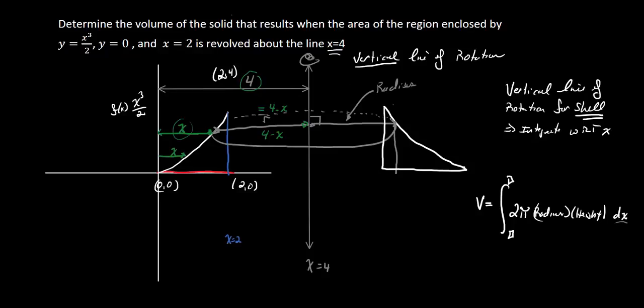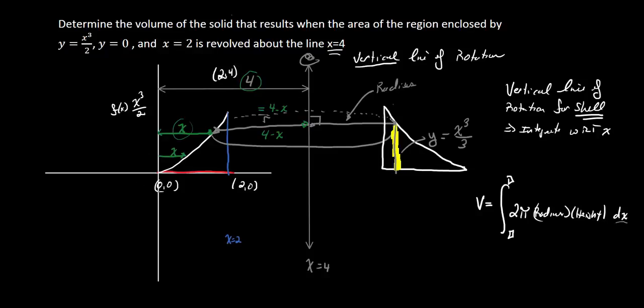The height is going to be this guy right here. So that's going to be my height. My height is just a value of y. But y is equal to x cubed all over 3. So where am I going to be integrating?